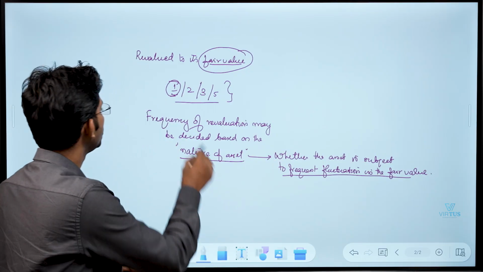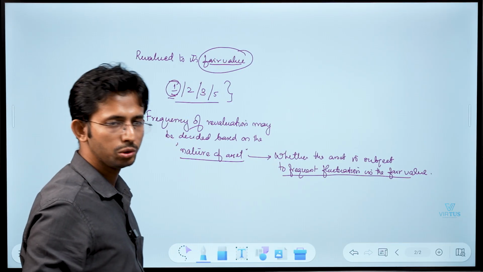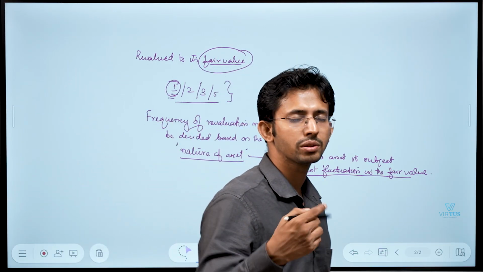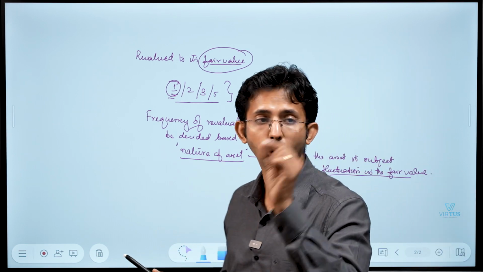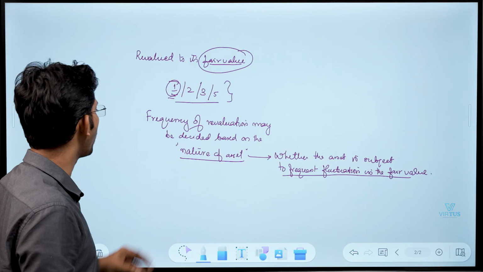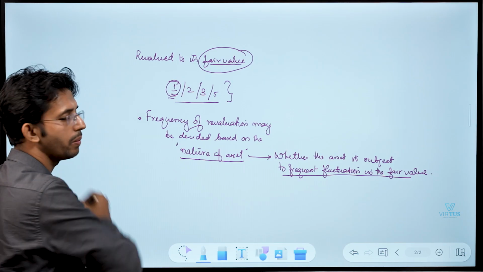If that is the case, you don't have to revalue it every year. You can even revalue it every 2 years or 3 years or even 5 years. So the nature of the asset is very important. That is one point which you have to keep in mind: frequency of revaluation.